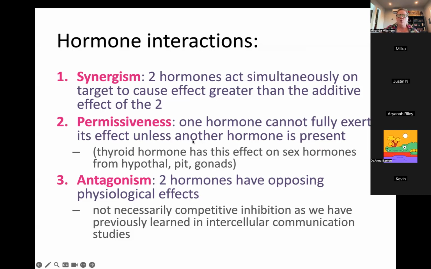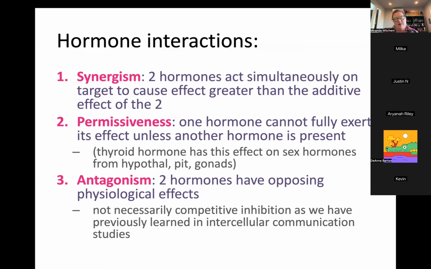Permissiveness is when one hormone can't work without another one. And this happens with the thyroid hormones, and we'll talk about that in just a moment, specifically the action of the thyroid hormones on the sex hormones. If we think about growth and development, right when somebody hits puberty, it's tied into their thyroid hormone as well, because of the action that the thyroid hormone has on the sex hormones.